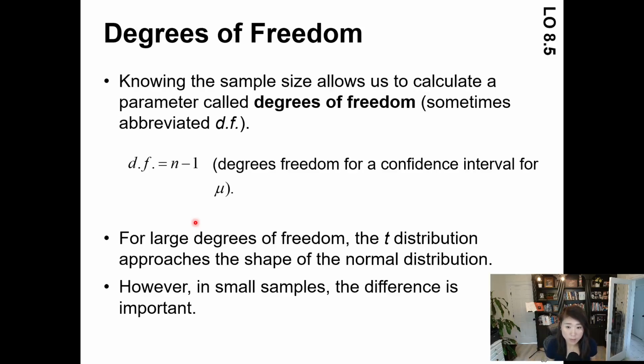So we lose a degree of freedom. Therefore, we use n minus 1. That n minus 1 is the degree of freedom we will use in our t statistic calculation in Excel. So remember, DF, the degree of freedom for the t statistic, equals n minus 1.